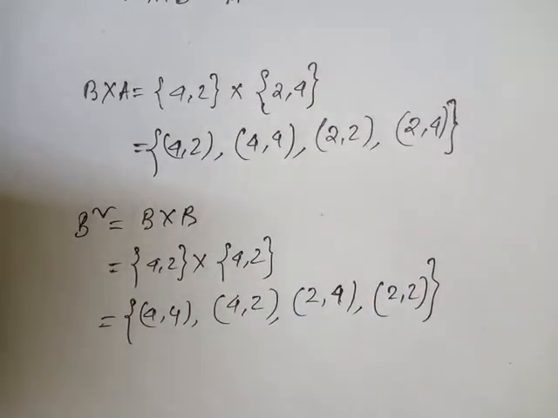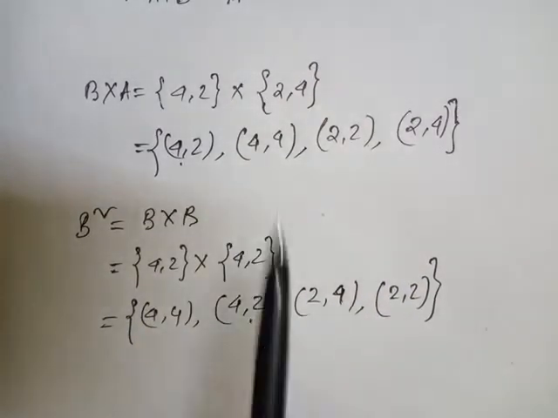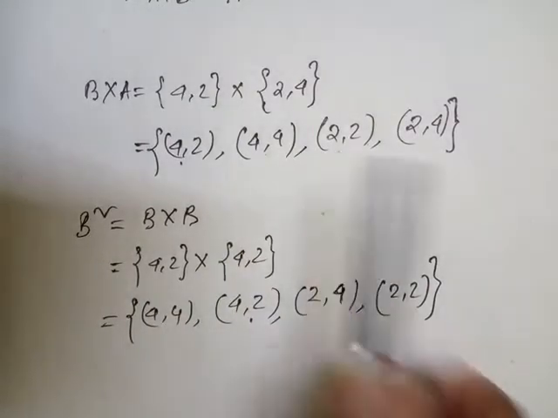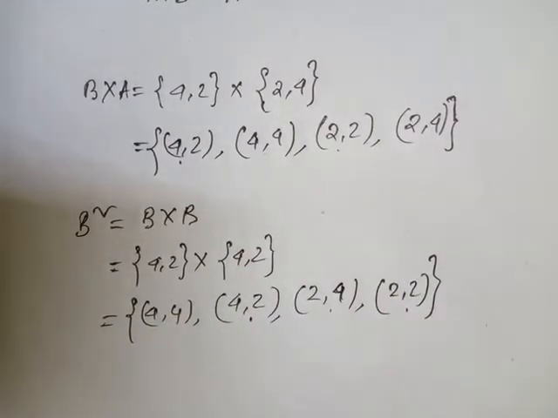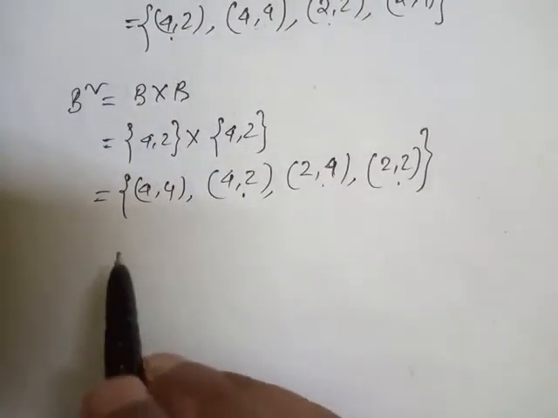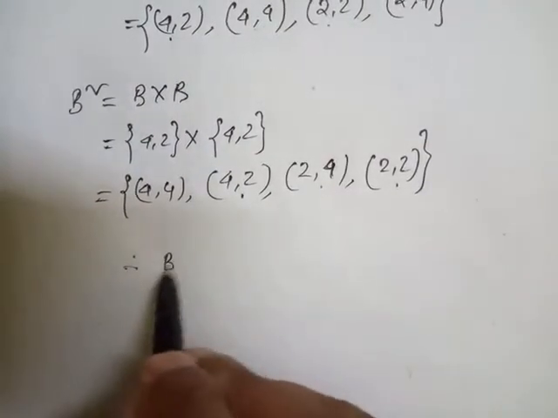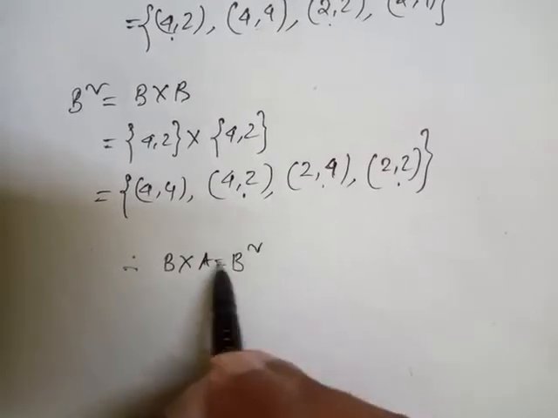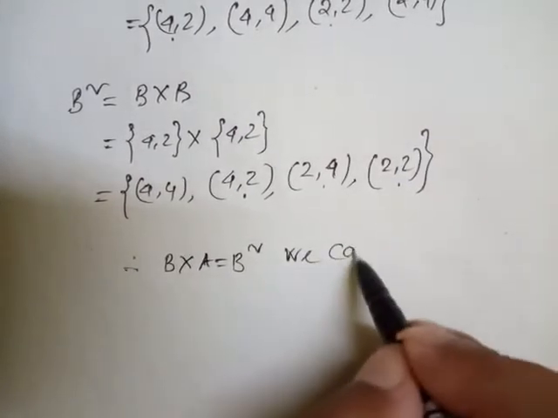Look here now, students, they are equal. So in the last line I will write: therefore B × A = B².